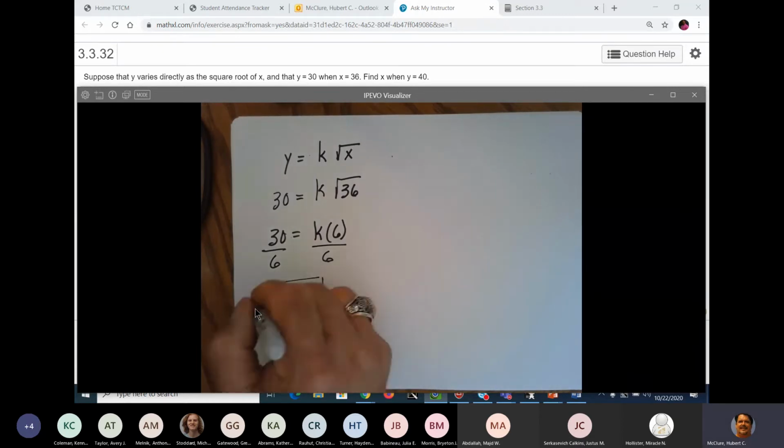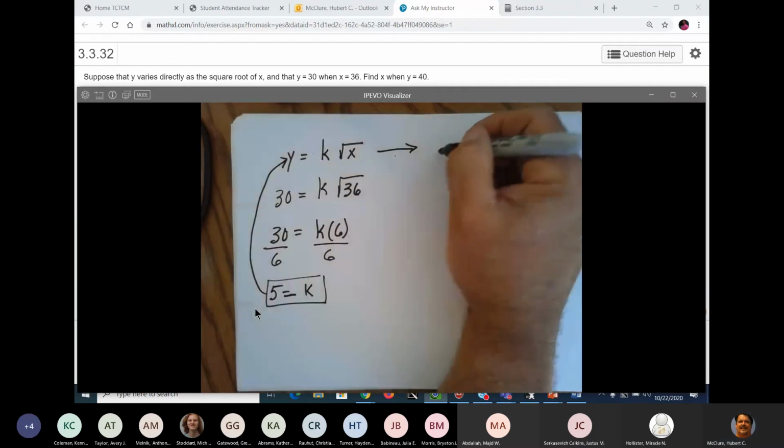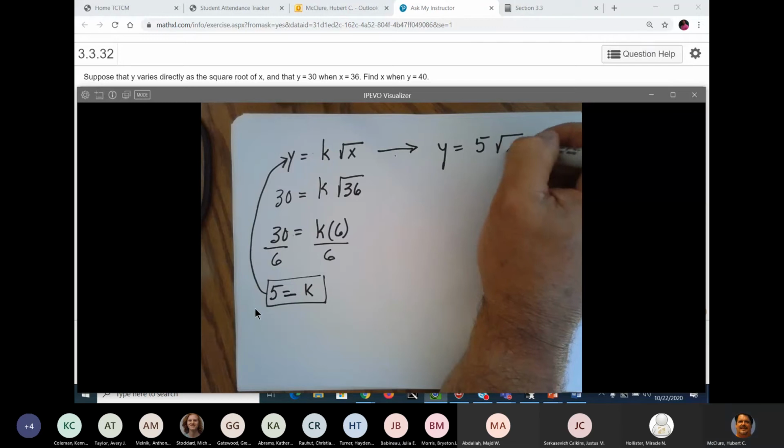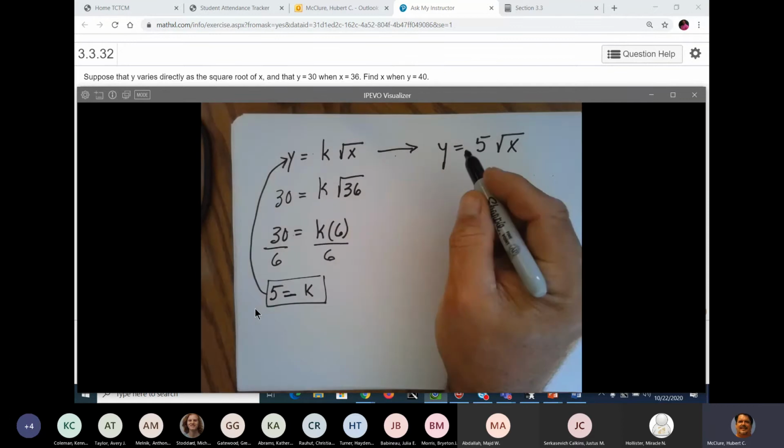And as soon as you get that k, you plug it back in. And then it says find x when y is 40. Why in the heck do they want to do that? I've never seen them do this before.